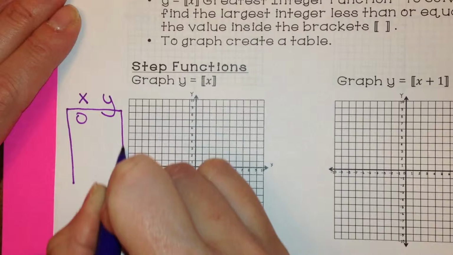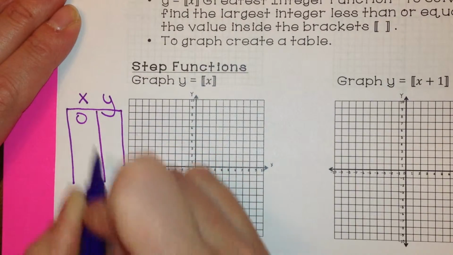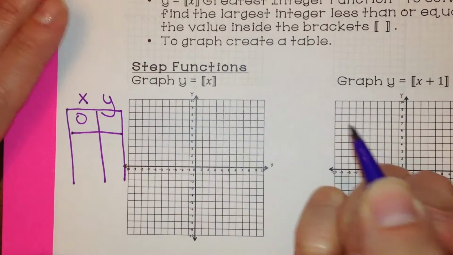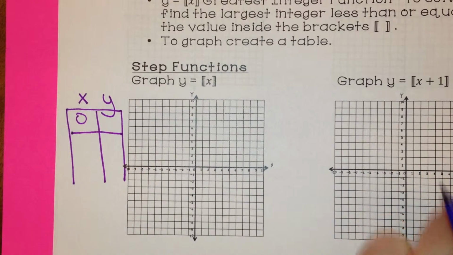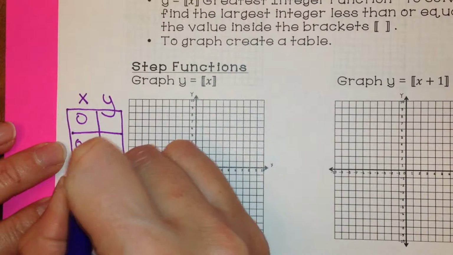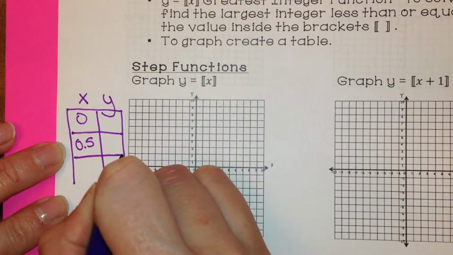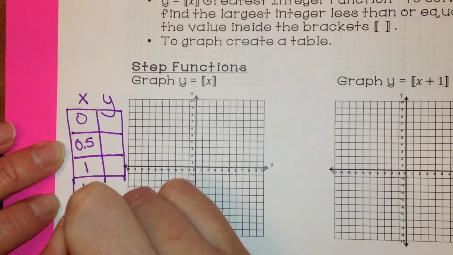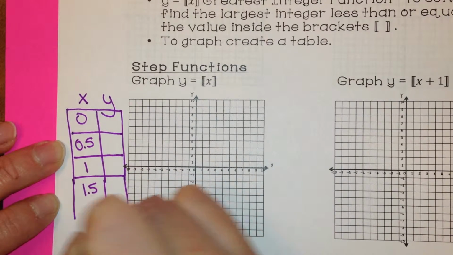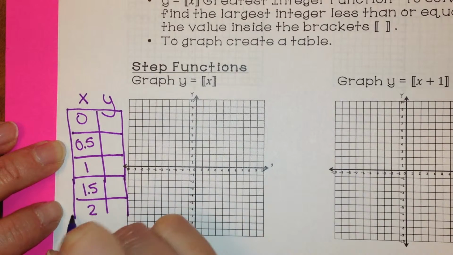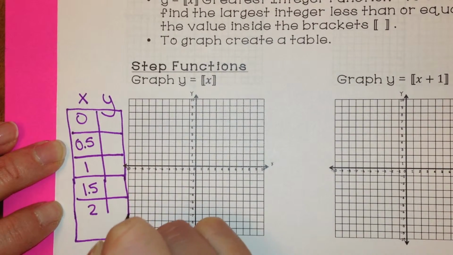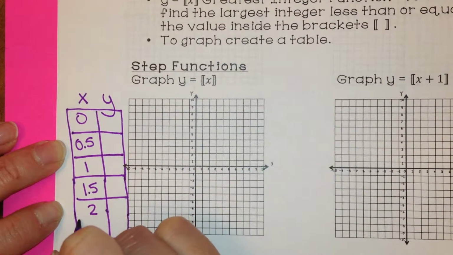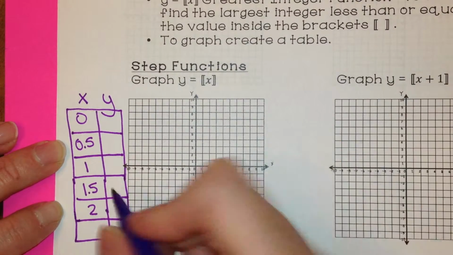I'm going to include some decimals halfway between a number so you can kind of remember what's happening in greatest integer functions. So 0.5, 1, 1.5, 2, and I'm going to do one more just so you can get an idea of the pattern that's occurring, and then you can continue the graph.